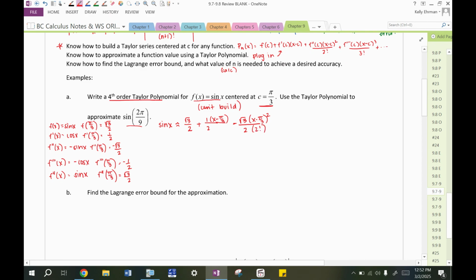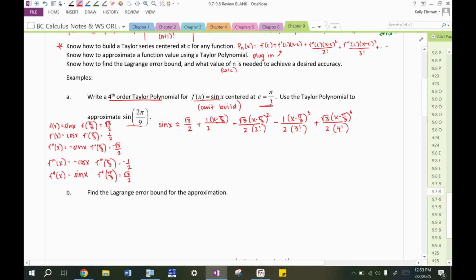I just did this term, and the f double prime of c was this fraction. Now I'm on the third term, so minus, I'm going to leave the 1 in there, 1/2 times x minus pi over 3 cubed over 3 factorial. We're going out to fourth order, so plus radical 3 over 2 times x minus pi over 3 to the fourth over 4 factorial.